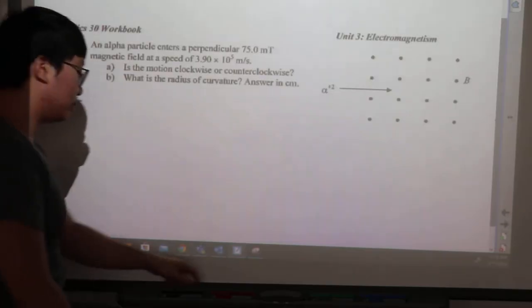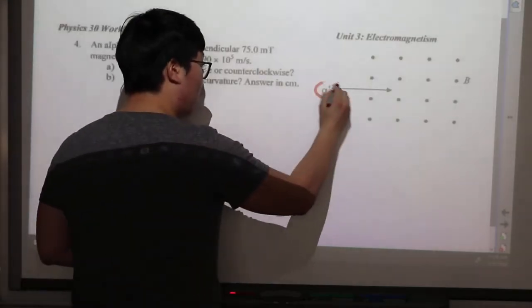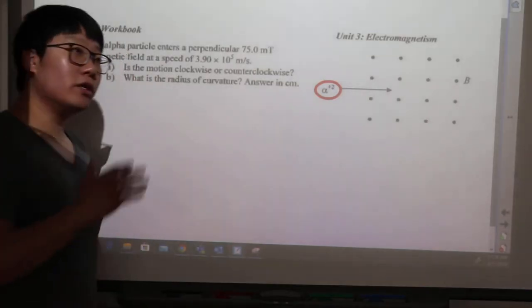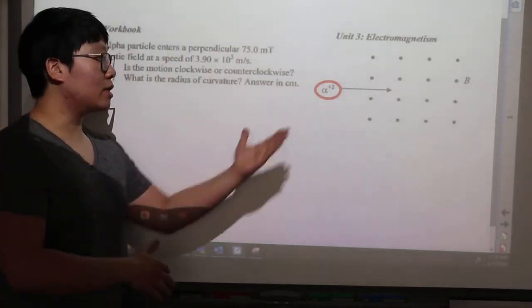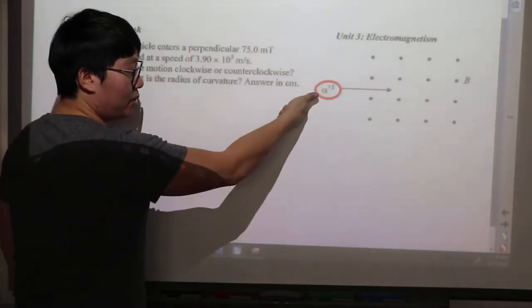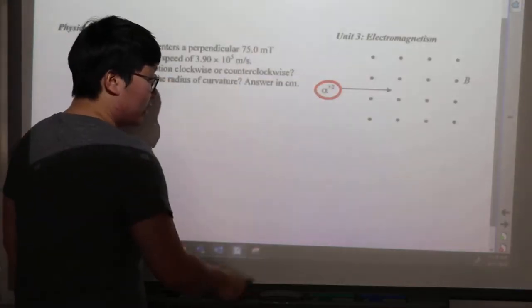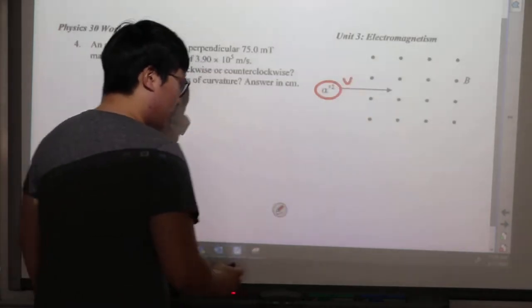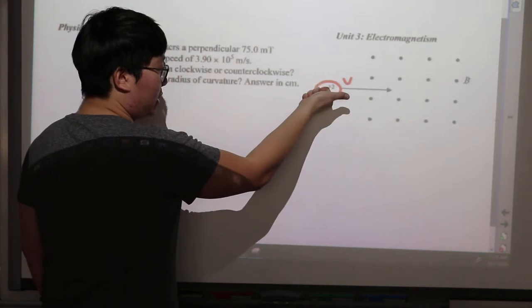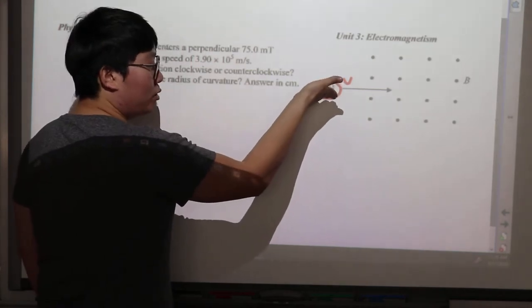First thing first, alpha particles are positively charged particles, which means you need to use the right hand rule. So instead of my left hand, I'm going to use my right hand, and the thumb represents where the velocity direction is, which is thumb to the side. Now for the forefinger, I have two choices.